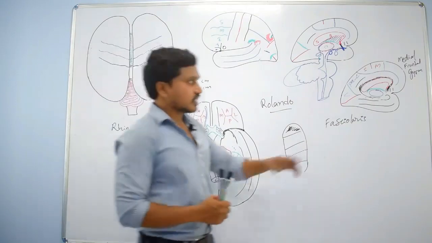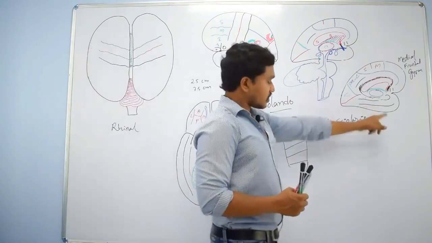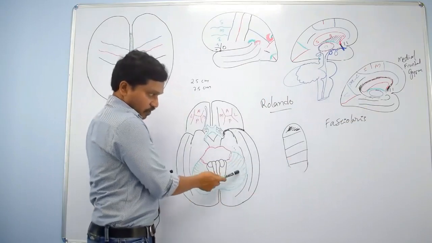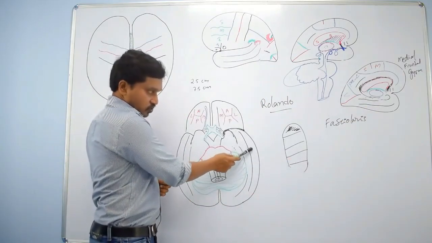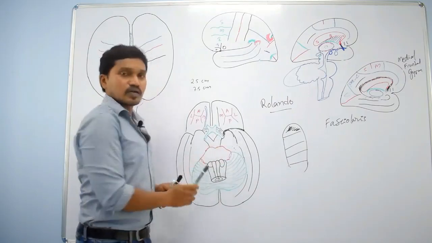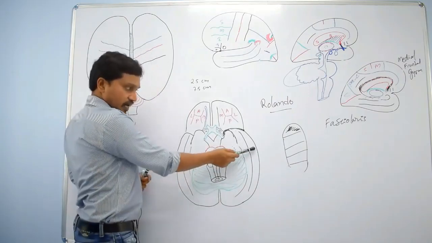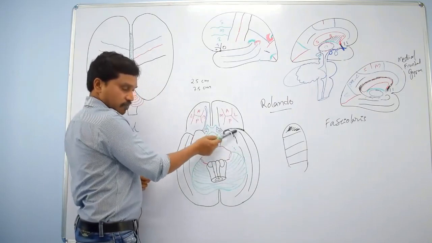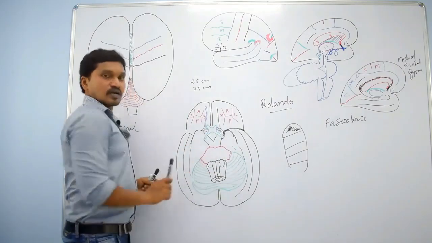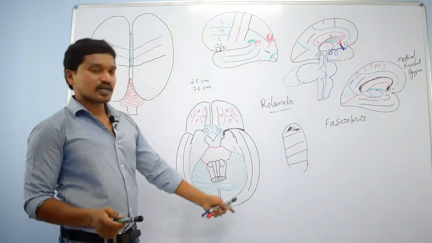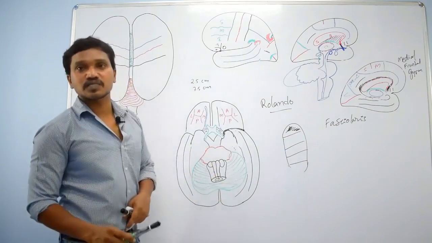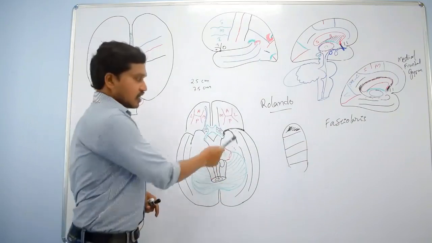Lateral to this are the medial and lateral temporo-occipital gyri. The temporo-occipital sulcus is there, and on either side of it two gyri are there.